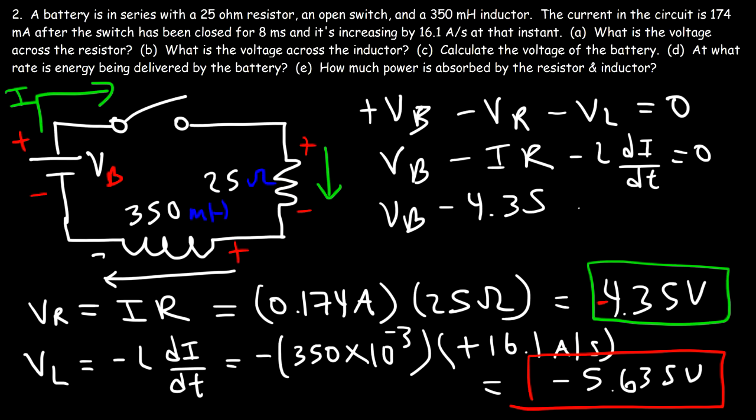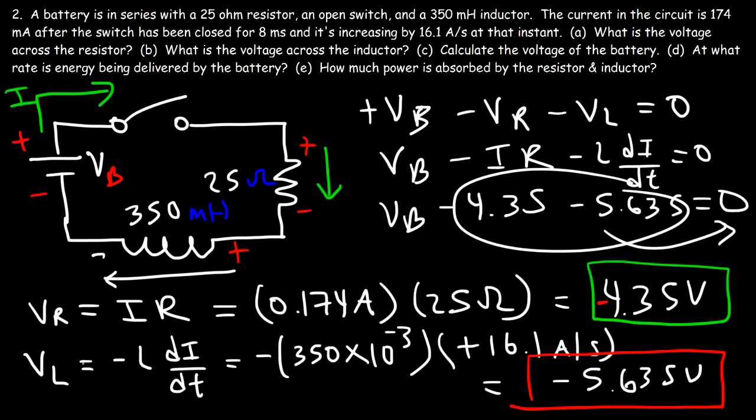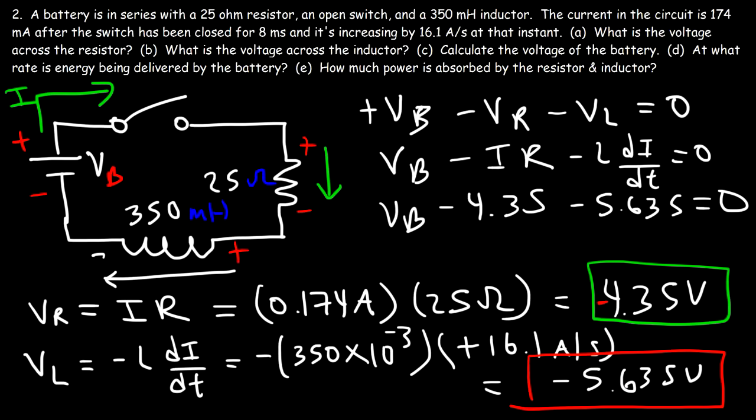So that's going to be negative 5.635. If we take these two and move them to the other side, we can see that VB is 4.35 plus 5.635. So the voltage of the battery is 9.985 volts.